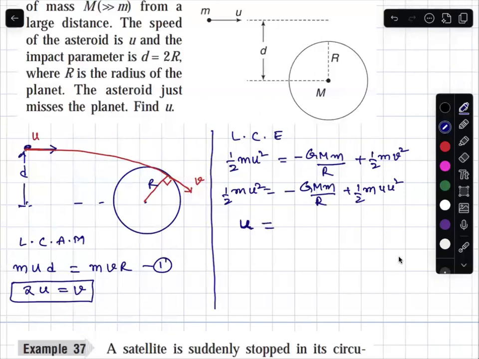You will get 3u square is equal to 2G capital M by R. Agreed? And this is nothing but, wherever you have this, I said you write like this, 2r. So therefore, u is under root 2rg by 3. Any doubts?